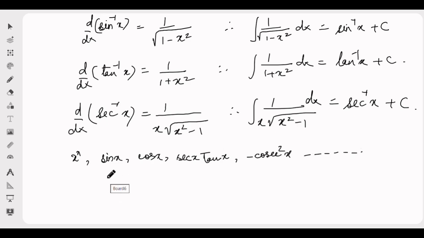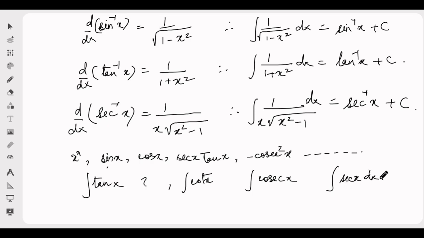Here we haven't done the integral of tan x. Then integral of cot x also we don't know. Then integral of cosec x also we don't know. Then integral of sec x also we don't know. So now, in the next part, let us see how to find the integral of all these functions.